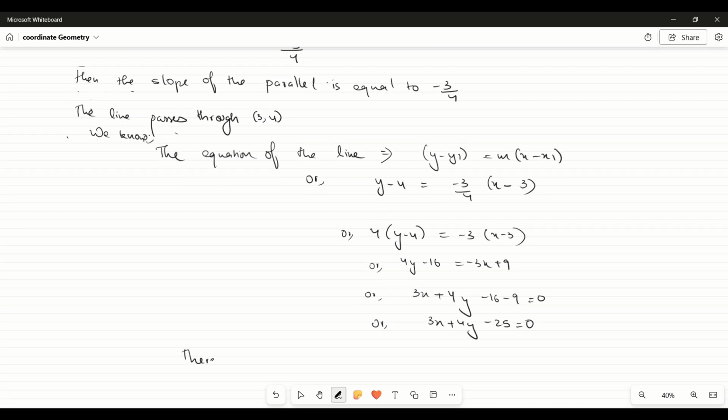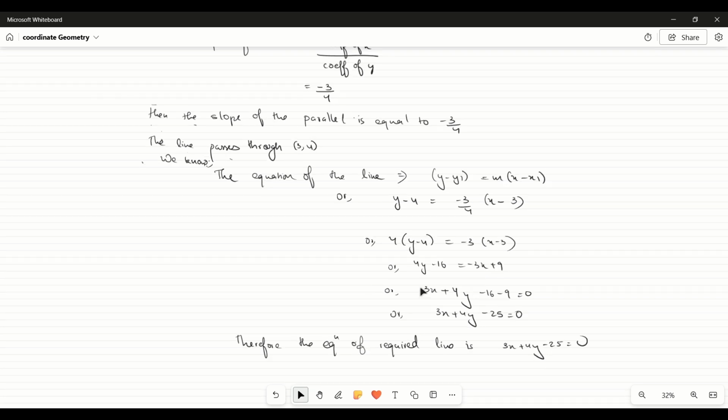Therefore, the equation of the required line is 3x plus 4y minus 25 equals 0.